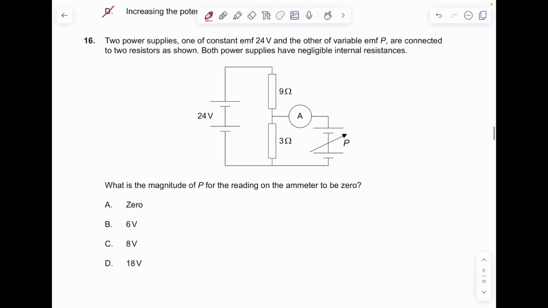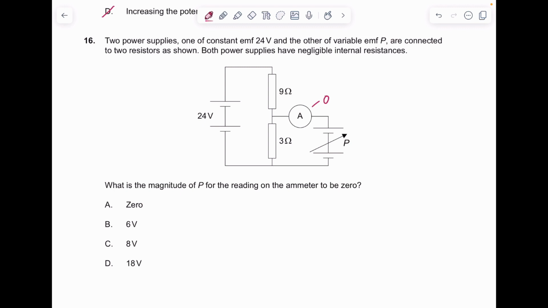Question 16, we've got two power supplies, one fixed, one variable. We've got two resistors, 9 ohms, 3 ohms. And the variable resistor P is varied such that the reading on the ammeter is 0. So we're not reading anything on the ammeter, no current is flowing through that section of the circuit.